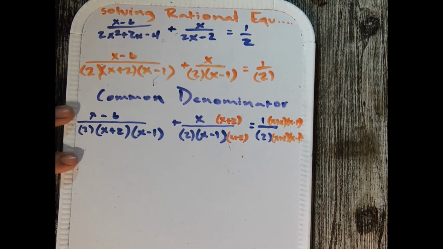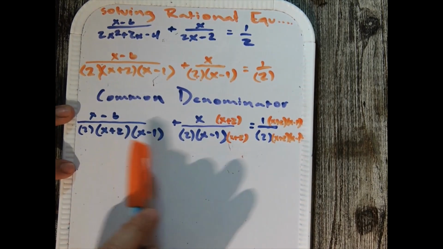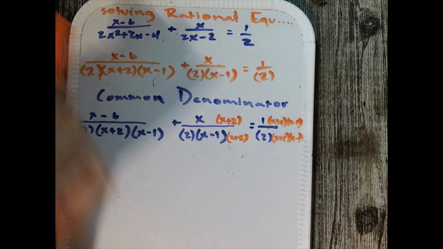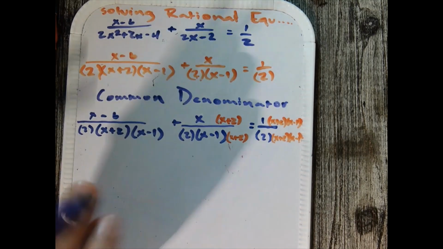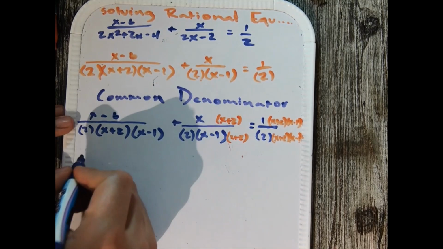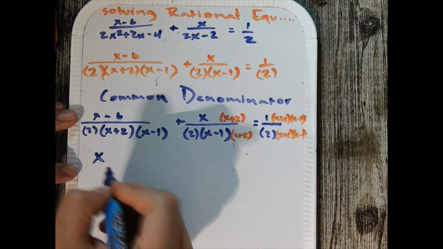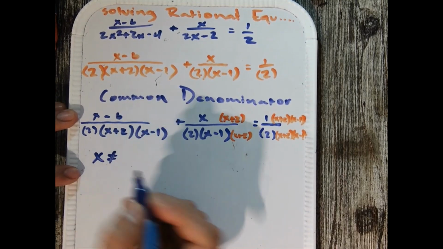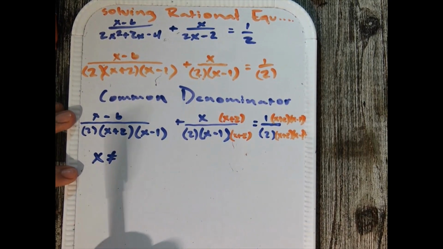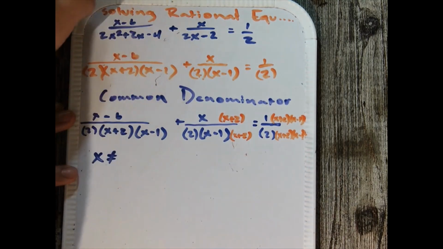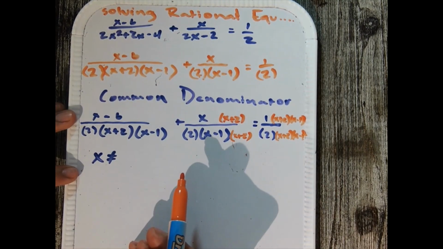All right. So now that I have the same common denominator, what I'm going to get first is the values that x cannot be equal to. Where do I get this from? Well, we get it from the common denominator. Earlier we said we cannot divide by 0.